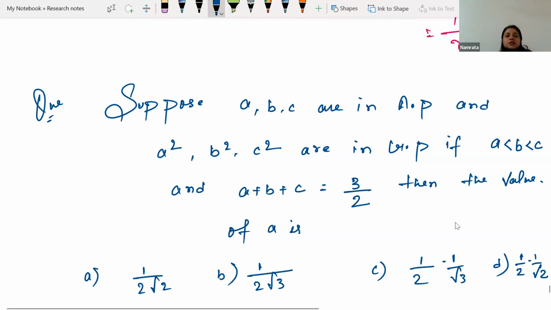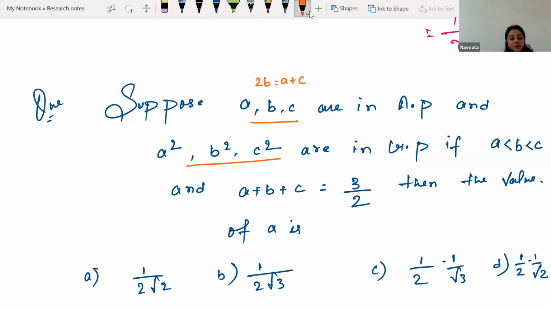Yeah. So if this is the question we are having, suppose A, B, C are in AP. So let's solve it. How to proceed in this question? A, B, C are in AP and A square, B square, C square are in GP. So if A, B, C are in AP, what can be written for that? Can we write 2B is equal to A plus C, since it is in AP?